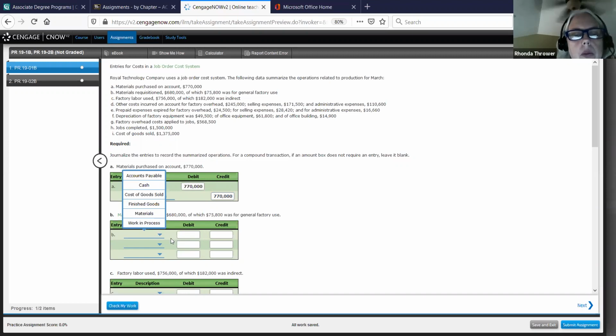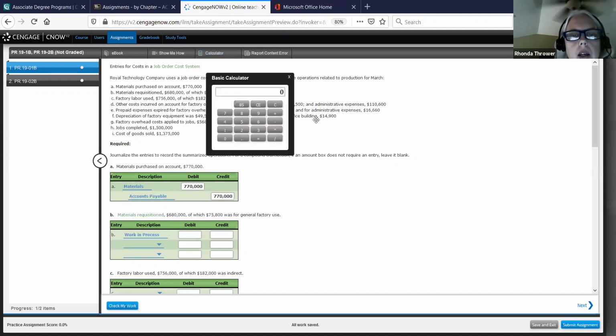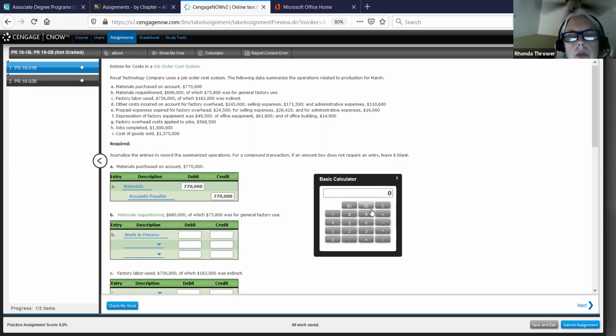So I'm going to debit my work in process account, and I've got to figure out how much were my direct materials. I'm going to do this by taking my calculator, putting in 680,000 of the total materials that were used.